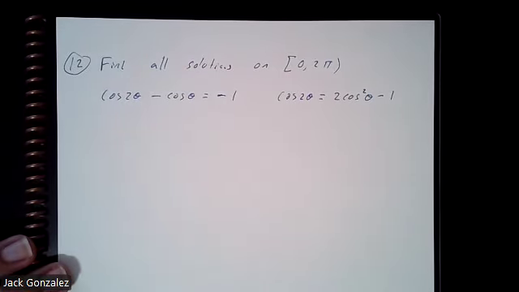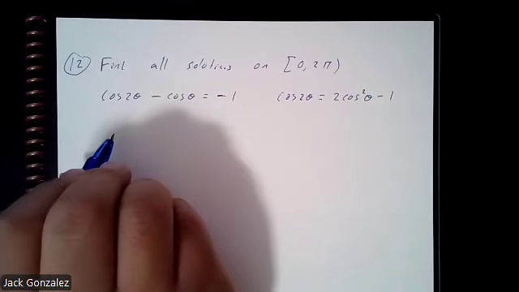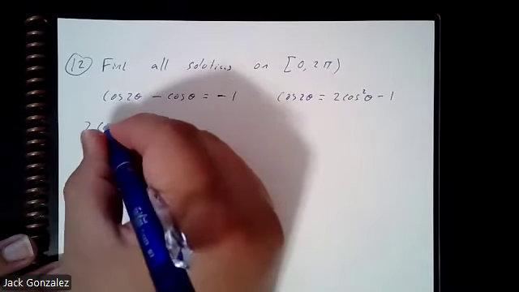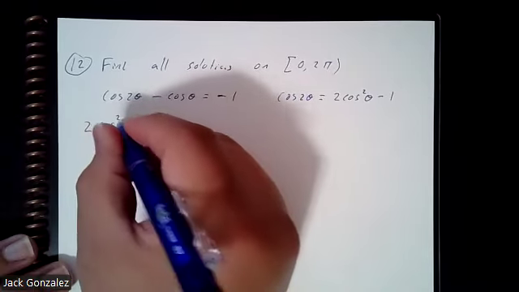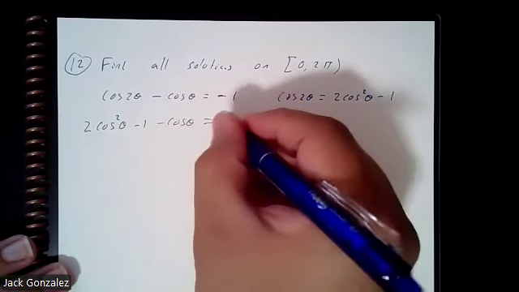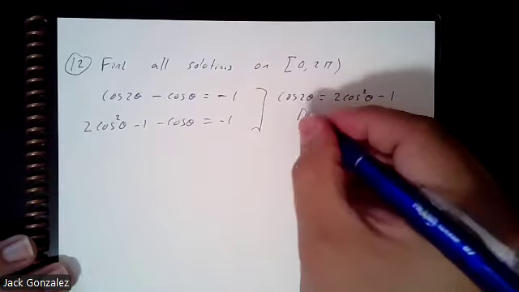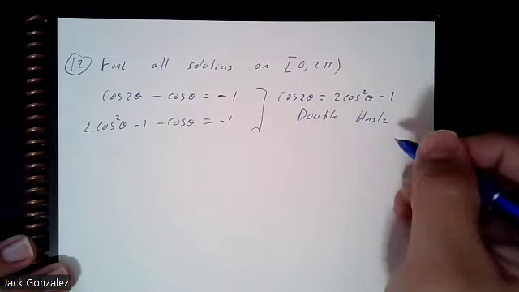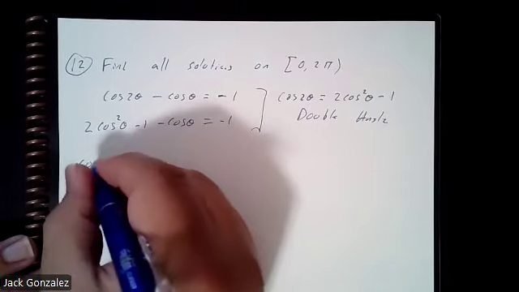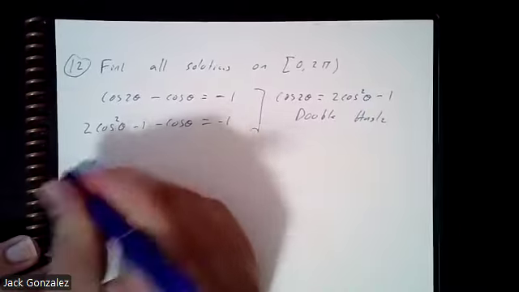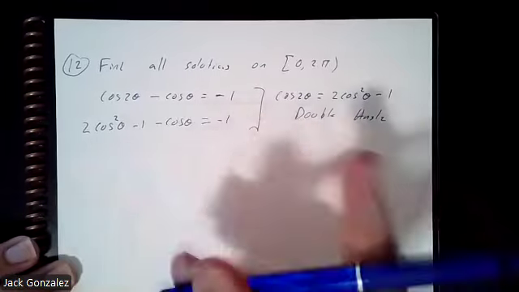Okay, and then we're going to change cosine 2 theta into 2 cosine squared theta minus 1. So right here, I applied the double angle. Then I'm going to factor cosine from both. Well, actually, let's set it to 0 first. So I'm going to add 1 to both sides.